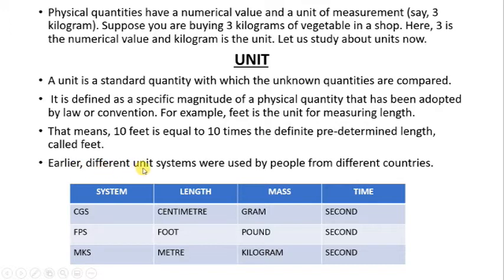Earlier, different unit systems were used by people from different countries. This has been discussed in your 8th standard itself, so we can go through it. 3 systems, namely CGS system, FPS system and MKS system.